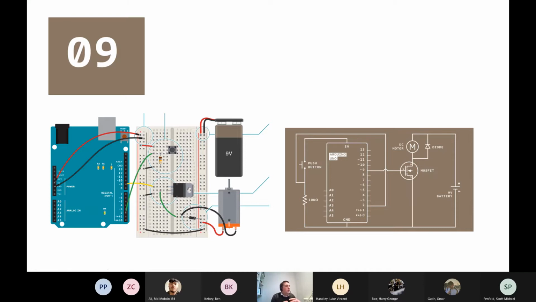What I want people to have in mind here is, first of all, that this is a slightly more complicated circuit than for an LED. And that's because motors sometimes take more power. And so we want to have their power supplies be separate, and then we need to control their power supplies.